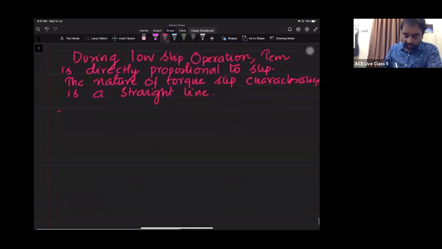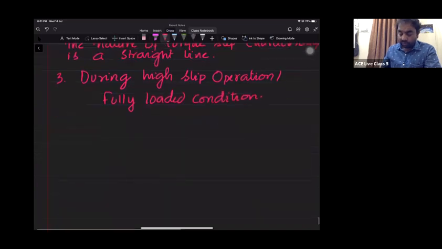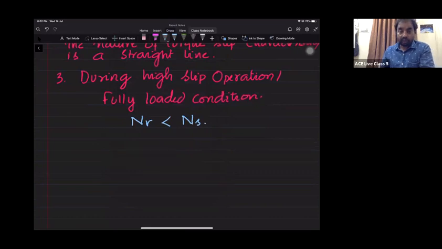The third point is that high slip operations are fully loaded conditions. In this, the rotor speed will be a little bit away from ns. When the rotor speed is away from ns, the slip will increase.